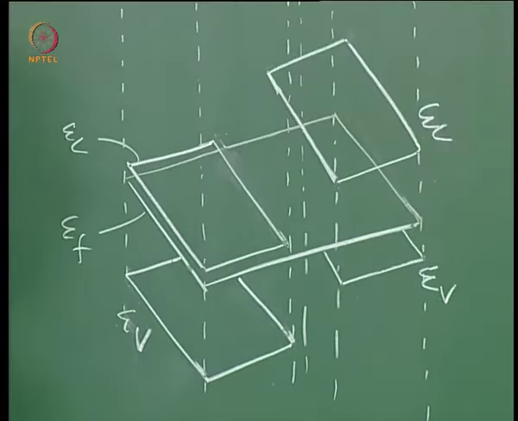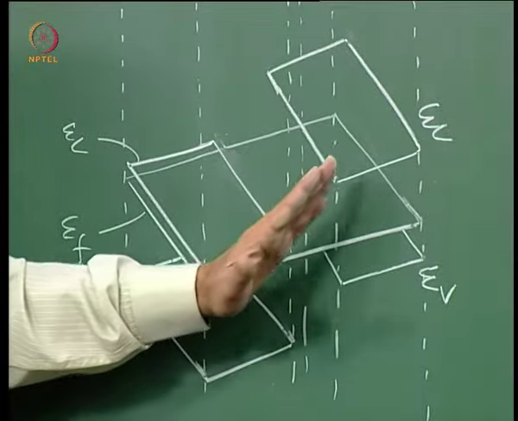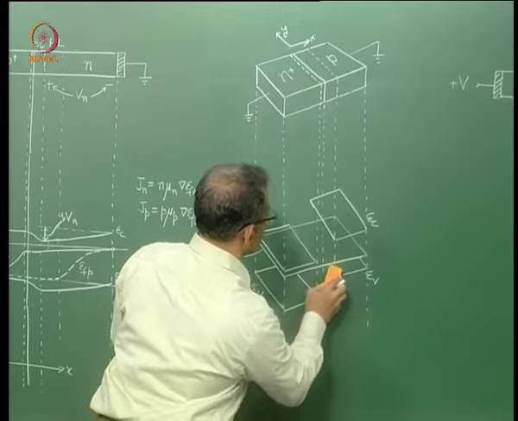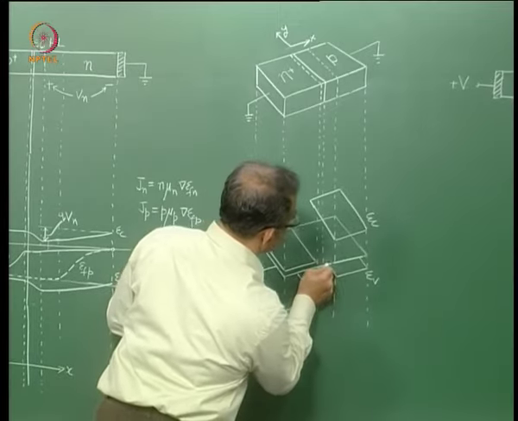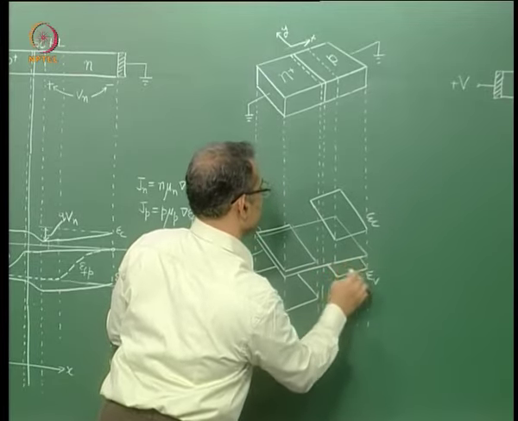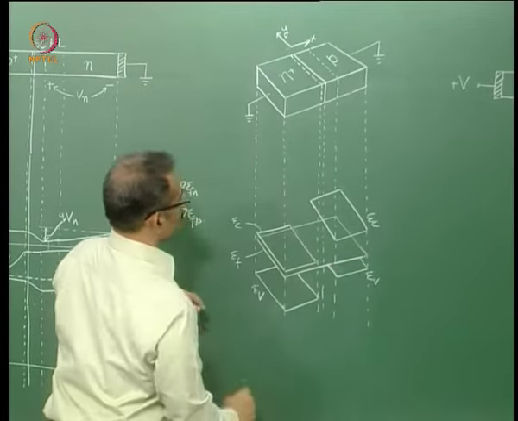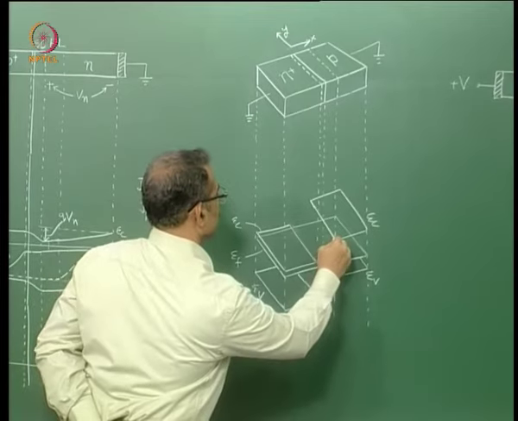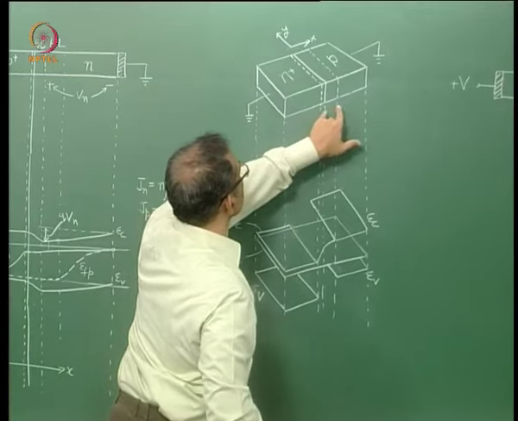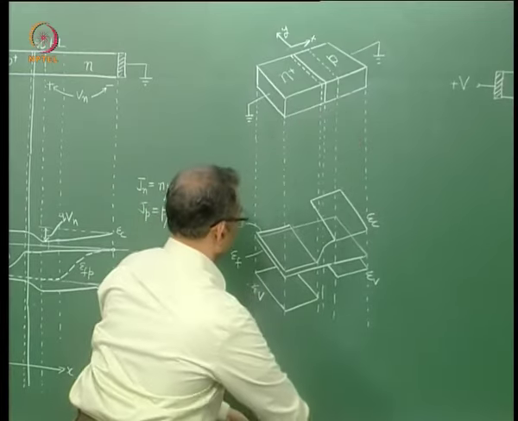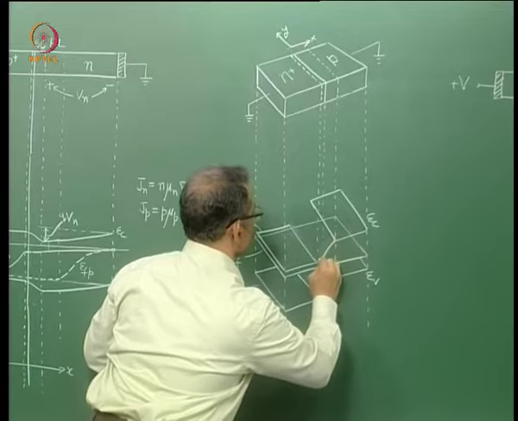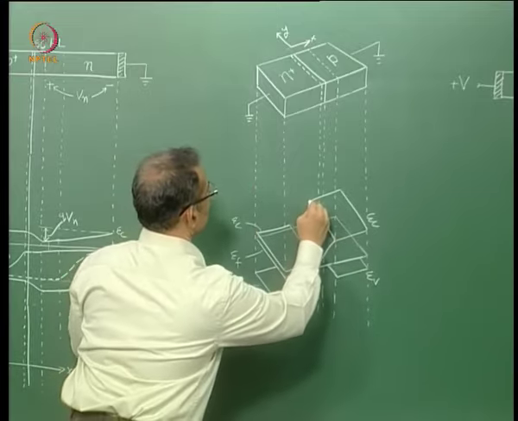And now I should join EC as a continuous line and EV as a continuous line. So EC as a continuous line, taking into account the fact that most of the potential will drop across the P region. And similarly here.